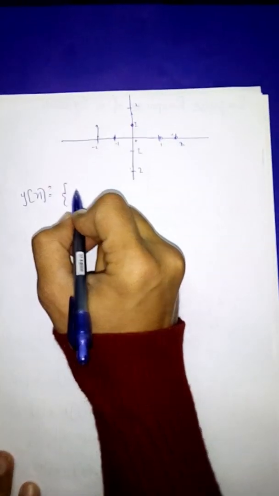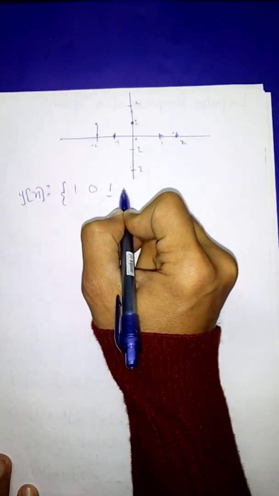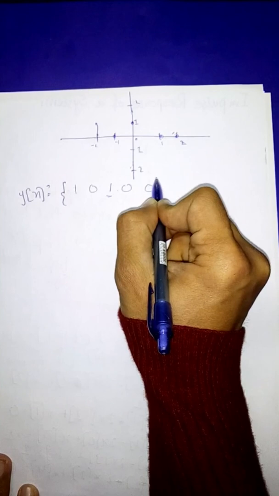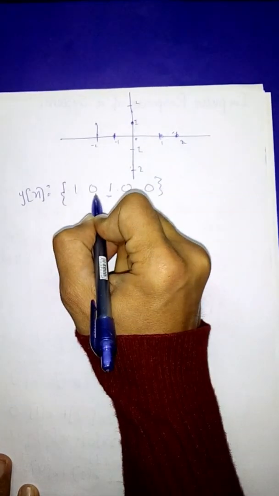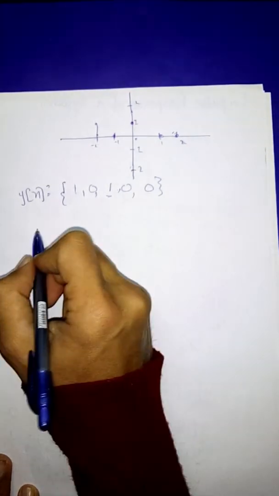So this will be 1 0 1 for the 0th position, and 0 0. This is our resultant impulse response of the system.